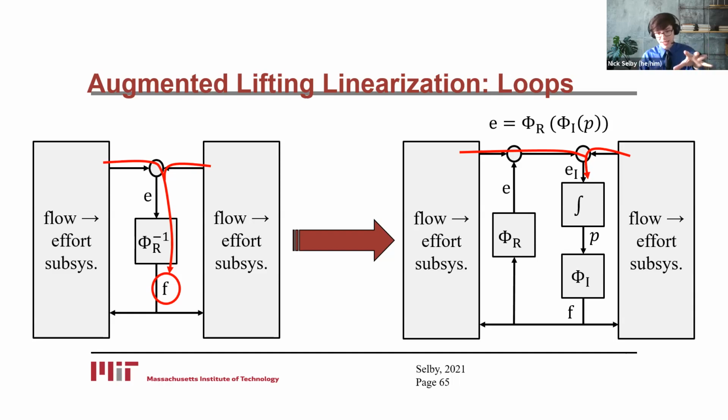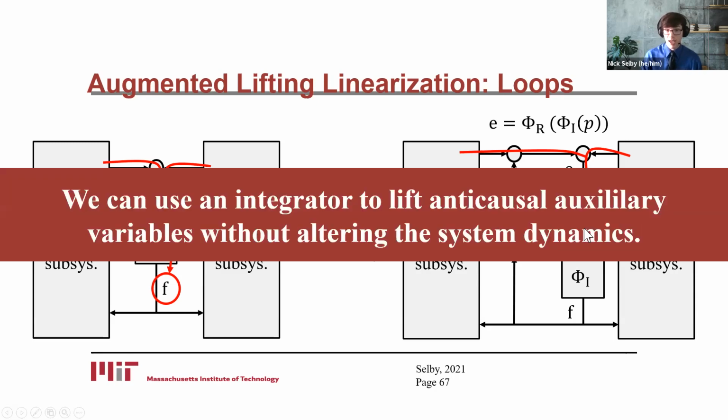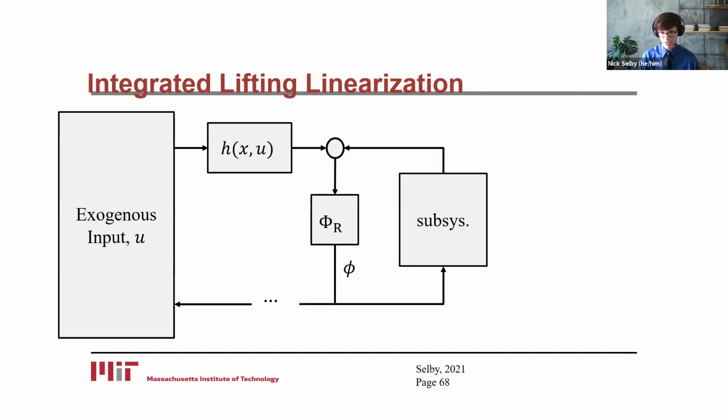So the block that prevents this red line, right, from reaching the auxiliary variable E is the integrator block. It is by integration that the anticausal variable EI is transformed into an independent state variable P. So let's just use the integrator block to lift anticausal auxiliary variables directly without altering the system dynamics.